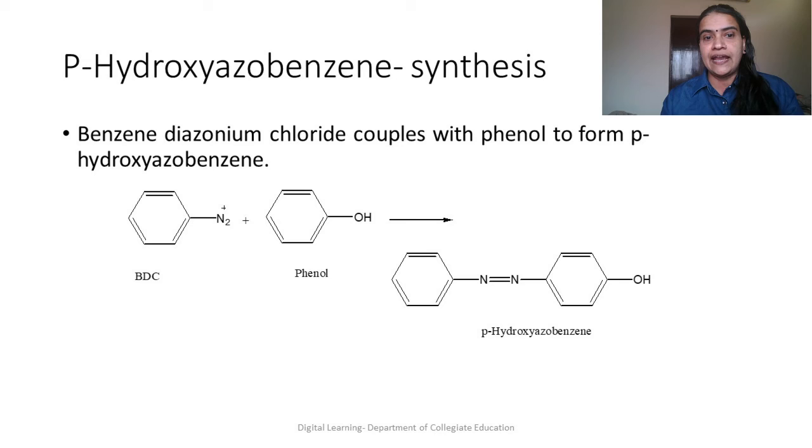As an example, when benzene diazonium chloride is combining with a phenol, that is para-hydroxybenzene, we get para-hydroxyazobenzene. It is clear in the slide, BDC plus phenol giving para-hydroxyazobenzene. The carbon atom at the para position of the phenolic group will be added to the nitrogen atom to form para-hydroxyazobenzene.